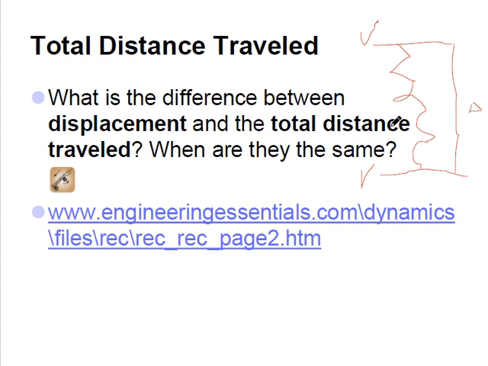But let's say from here to here, if you measure it, we have only 5 meters. But if you go in a zigzag, wiggly way, you're going to have more than 5 meters. You will be traveling more than 5 meters, even though you started from the same position and ended up at the same final position.